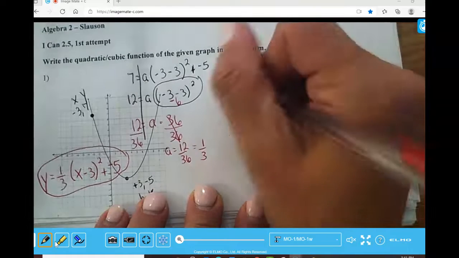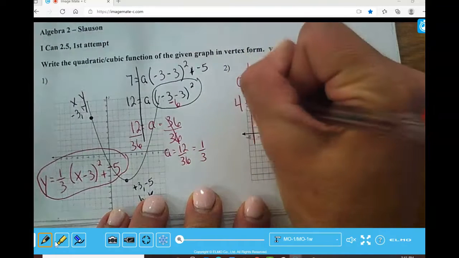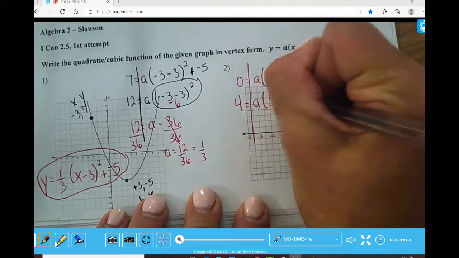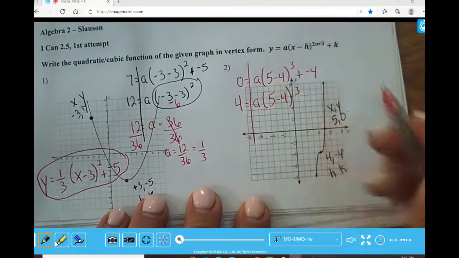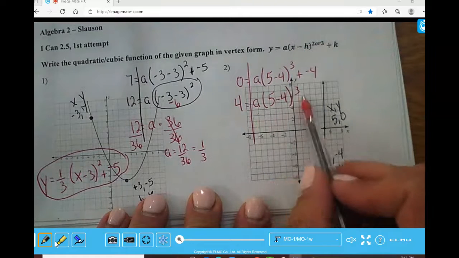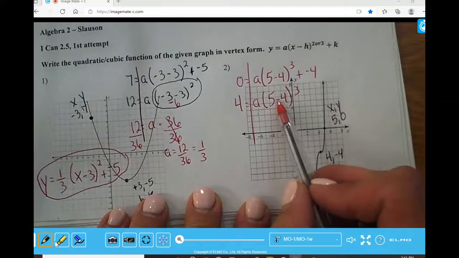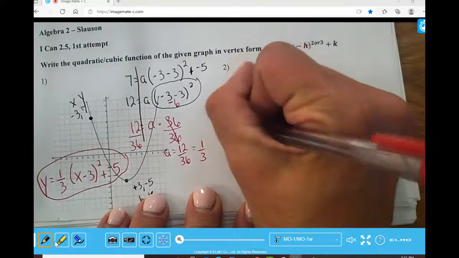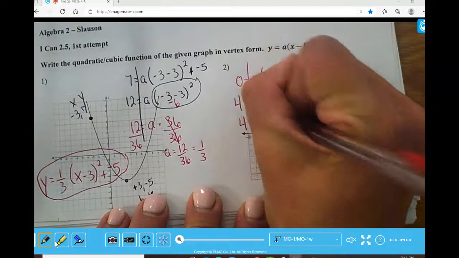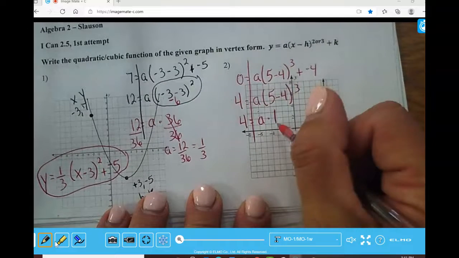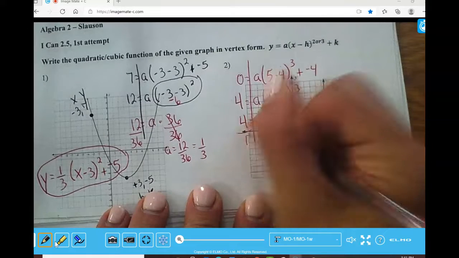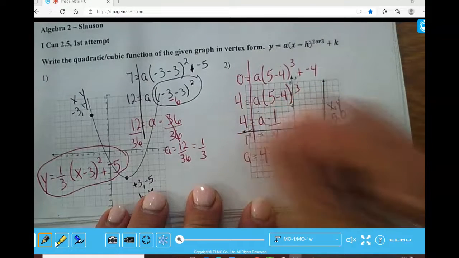I'm going to add the 4 over. To get a alone, let's get this cleaned up. 5 take away 4 is 1, and when you cube 1, you still get 1. Now to get a alone, you just divide by 1, and so your a is +4.